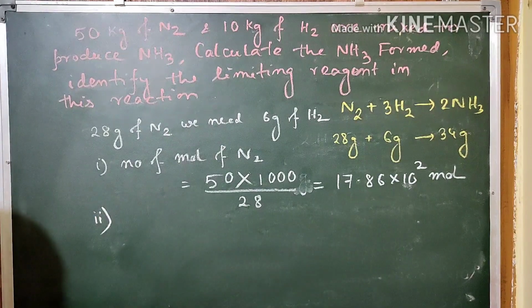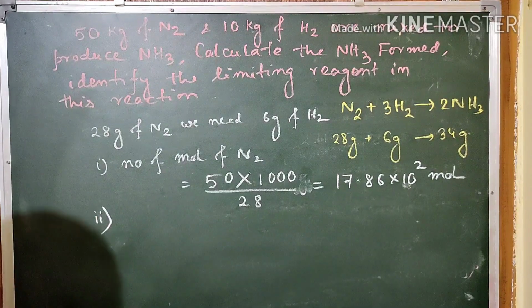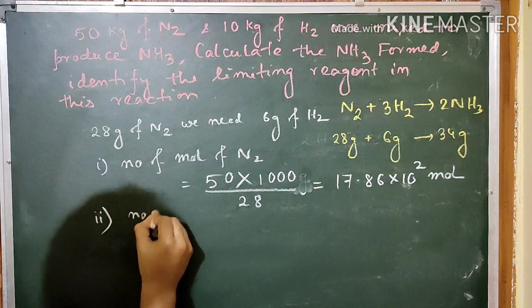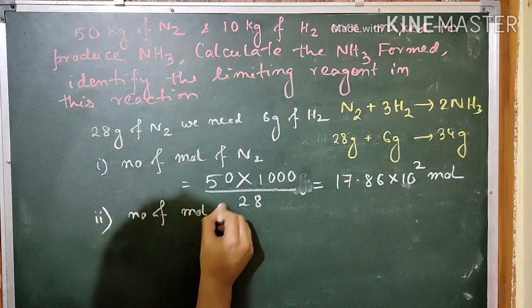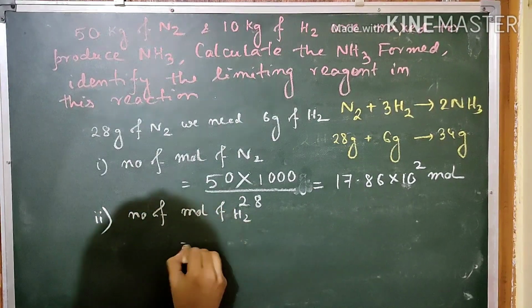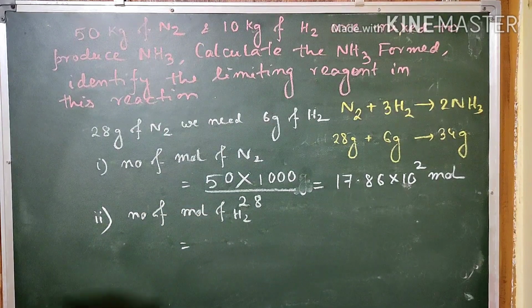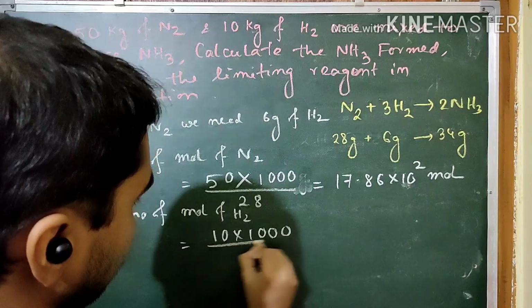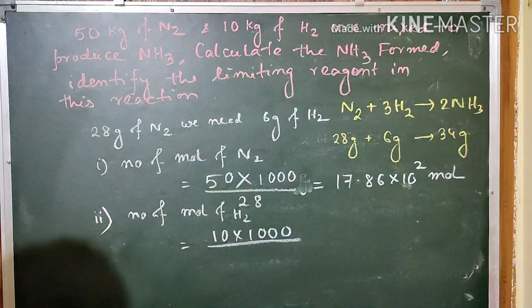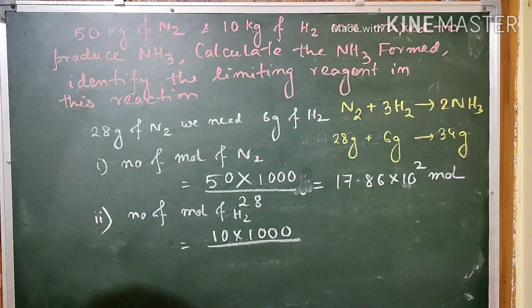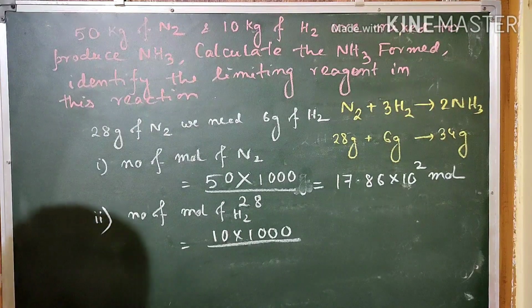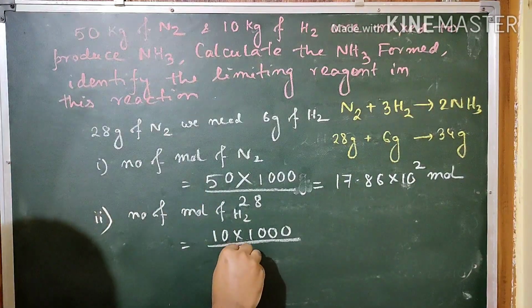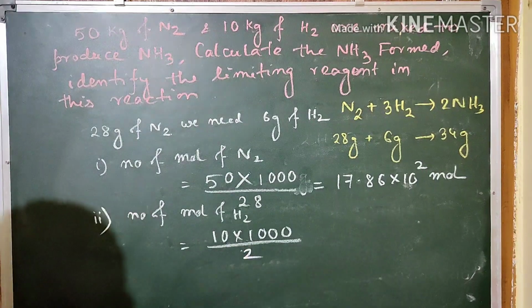Similarly, to find the number of moles of hydrogen, it will be 10 kg, so 10 into 1000 divided by, as you know, the molar mass of hydrogen, which is 2 only.